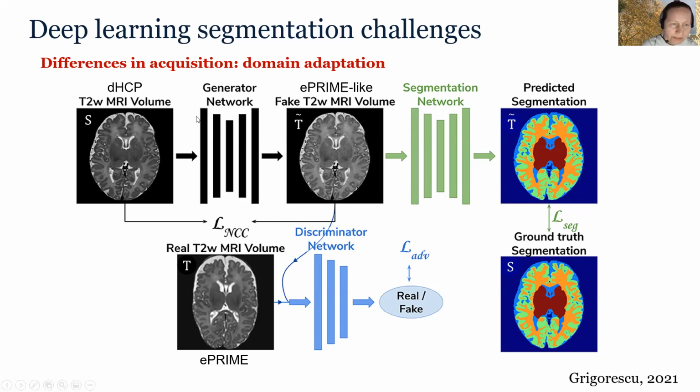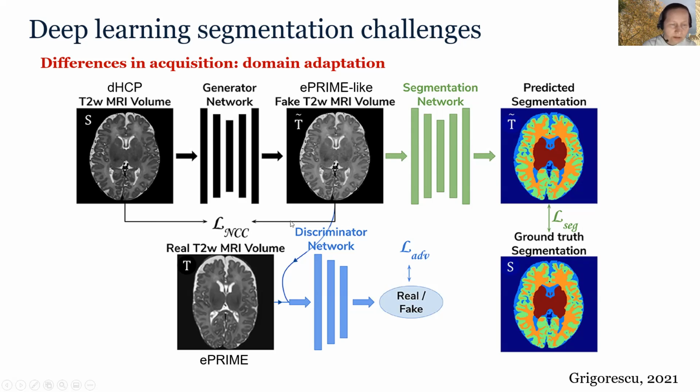Now, what we did, we had another network that is a generator network, or actually we also call it a contrast transfer network, that would transfer the DHCP dataset into ePrime-like contrast. And to ensure that this network learns to do that, we had two losses.